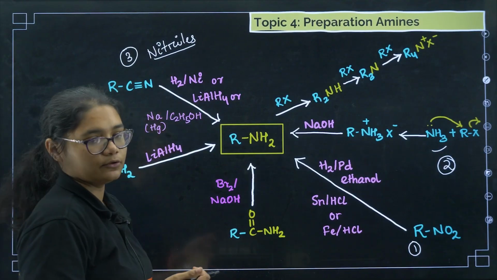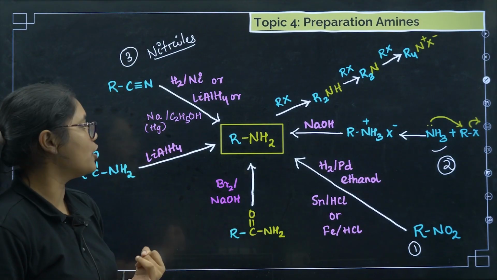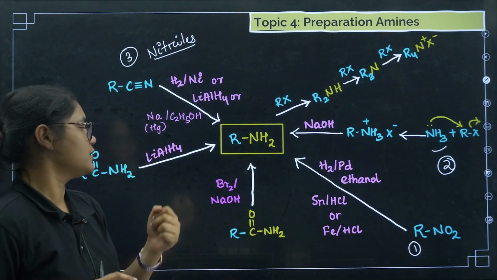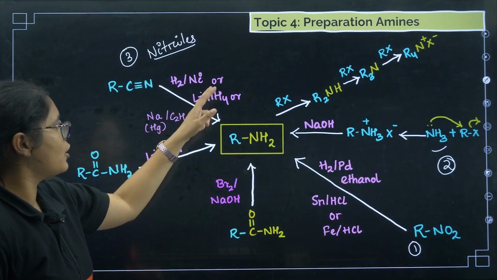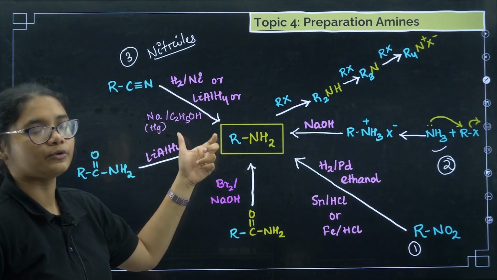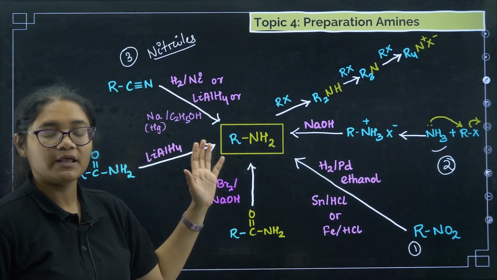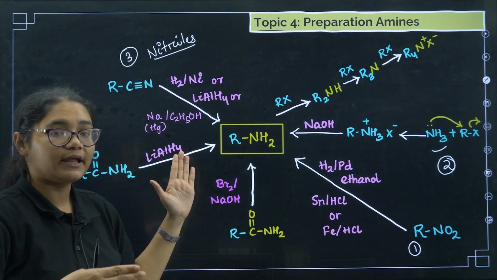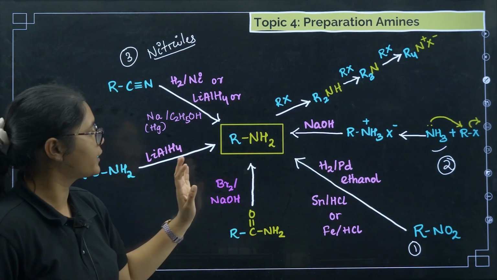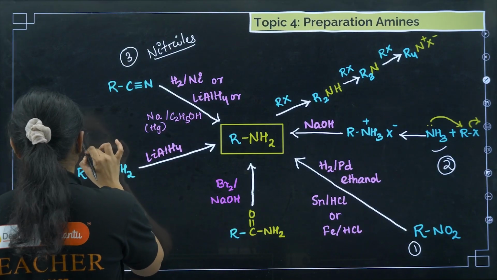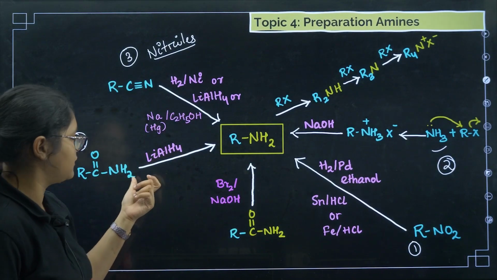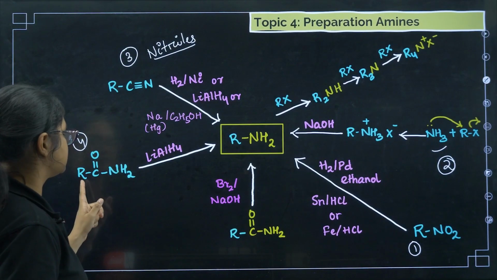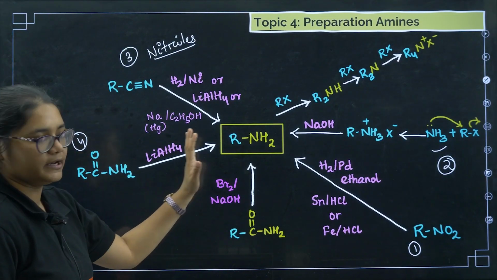Three things you can use: H2 nickel, lithium aluminum hydride, or sodium amalgam to reduce RCN to RNH2. That is the third thing. The fourth one is RCONH2. Using LiAlH4 you can convert it, and this gets converted to RCH2NH2.